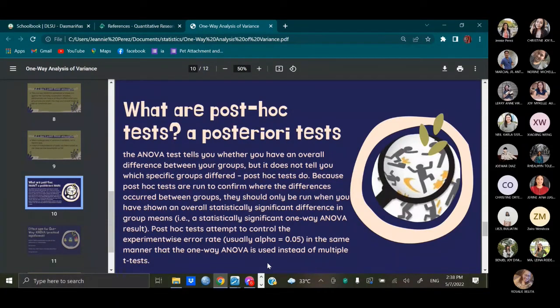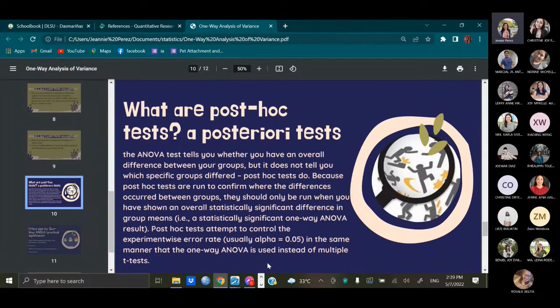Now, after conducting the one-way analysis of variance, we also conduct post-hoc tests. These are a posteriori tests, after the fact tests. You do this after conducting the analysis of variance, particularly if you have found out that there is a significant difference among the groups that you have tested.